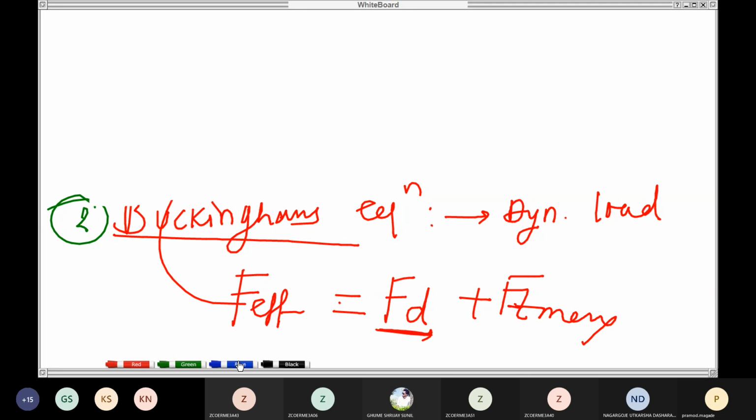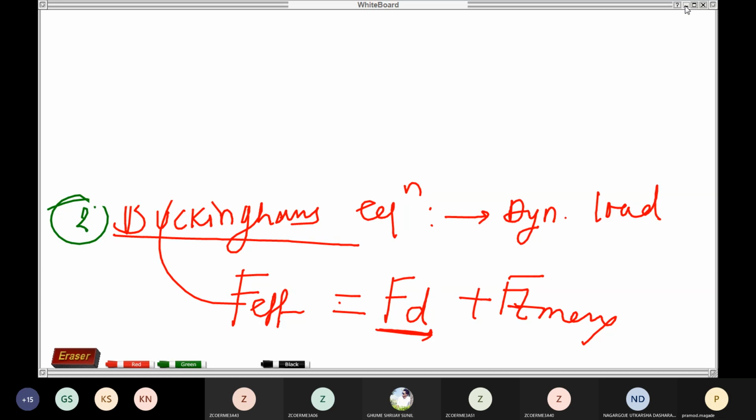The dynamic load can be more accurately found by using Buckingham's equation.